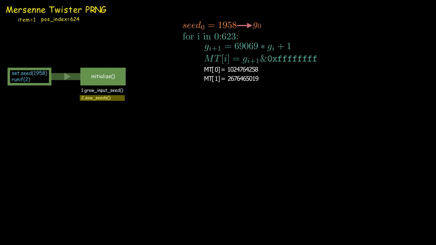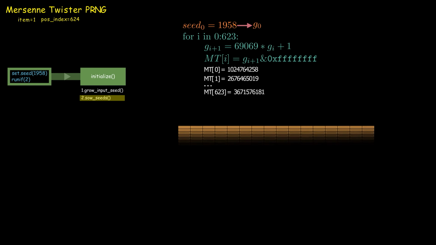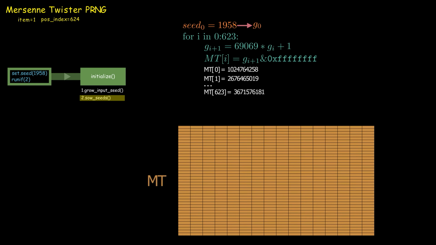But as you can imagine from the loop above, we will have to go through this process a total of 624 times, letting I take on values up to 623. And as you might have guessed, the numbers we have obtained are the numbers that will go into the grid of 624 numbers.